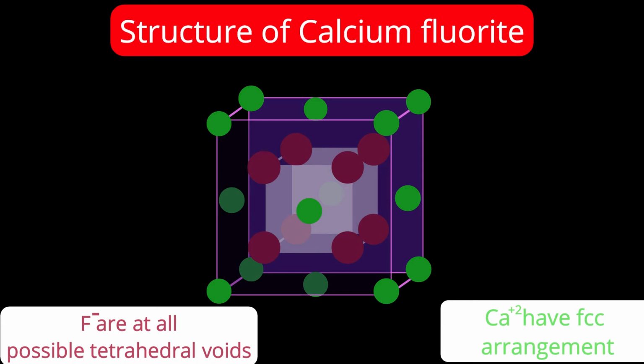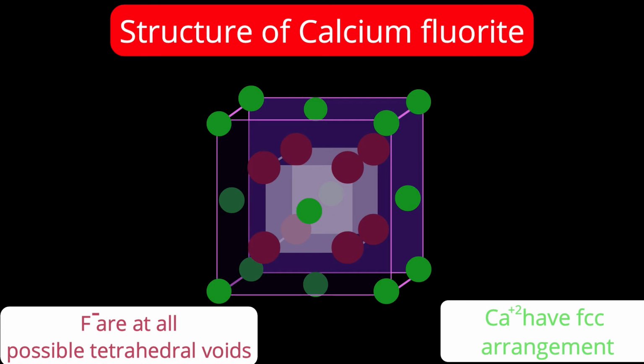All 8 tetrahedral voids are occupied by fluoride ions and calcium ions are in FCC arrangement at each corner and at each center of face of the outer cube. Calcium ions are there, those are green in color. Till now I was representing green colored anions, now I am representing here, see, pay attention, calcium plus 2 ions are green in color. It is the basic arrangement that I am considering. Are you getting this point?